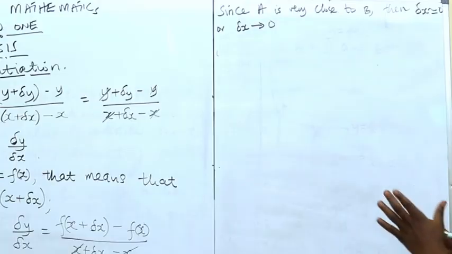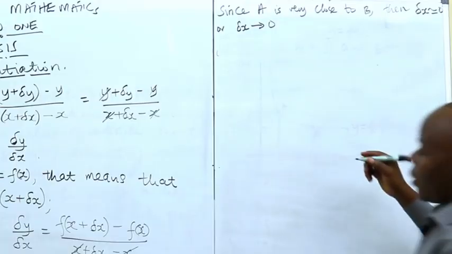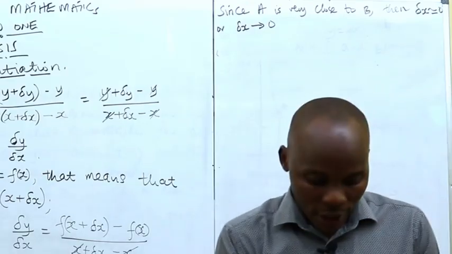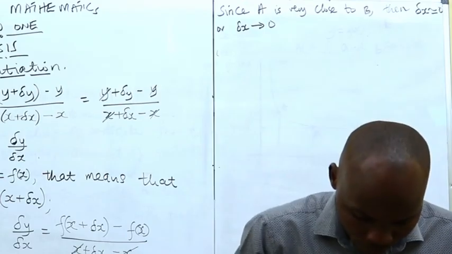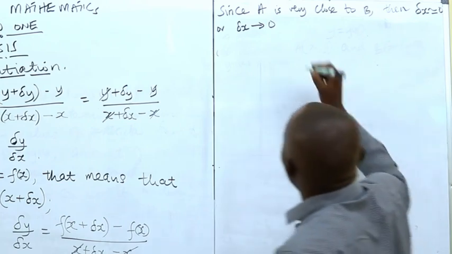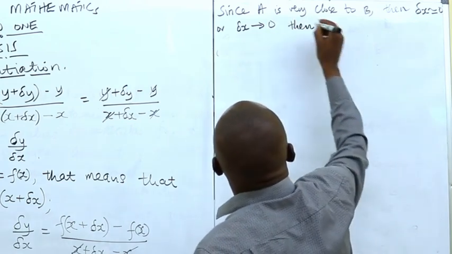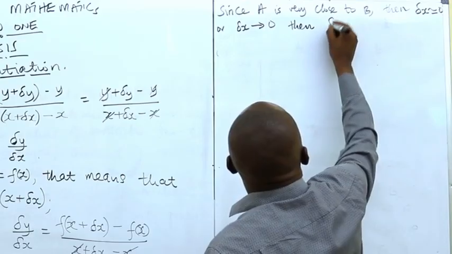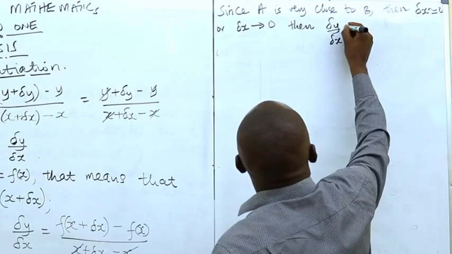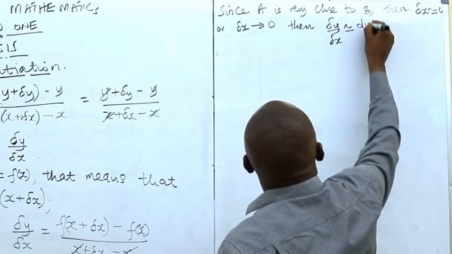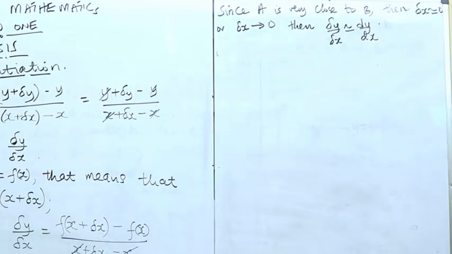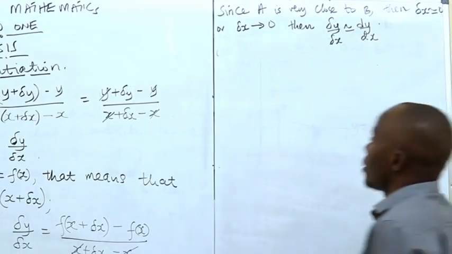Why? Since A and B are very close. Then delta y over delta x approximates dy/dx.